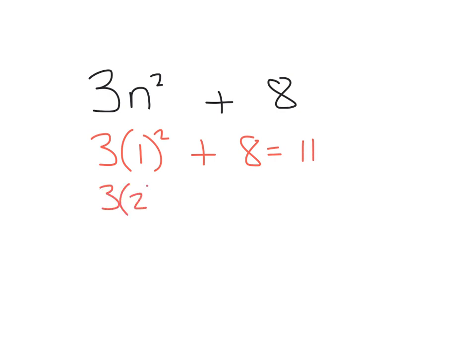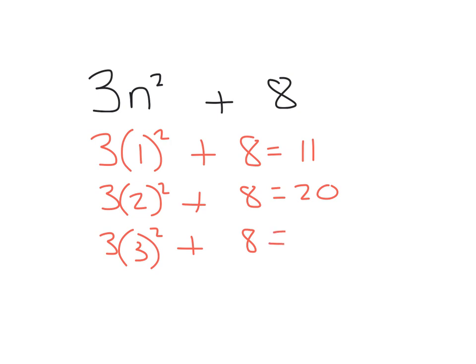For the second term, we've got 2 squared is 4, times the 3 is 12, add the 8 will give us 20. For the third term, 3 squared is 9, 9 threes are 27, add the 8 is 35.